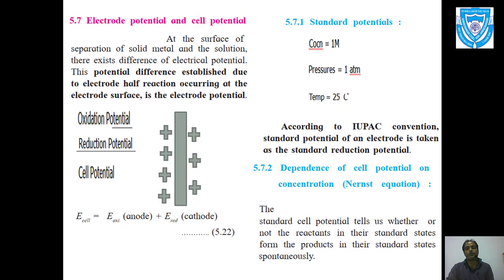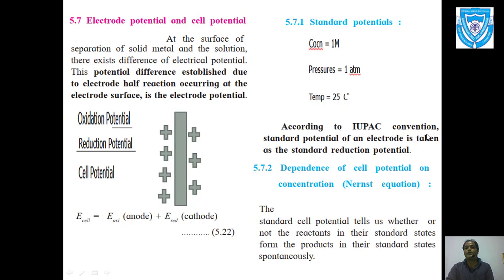In some cases zinc gets oxidized, or the oxidation reaction takes place on the zinc, and in some cases the reduction reaction takes place on the zinc. That means it depends on the other electrode material also. So we require the standard values of E0.